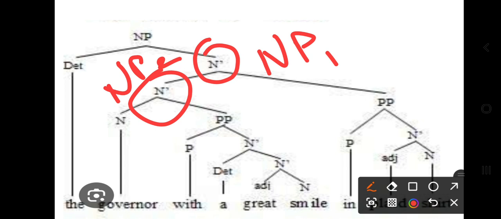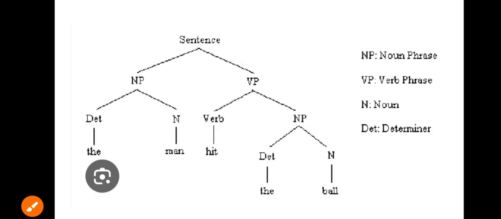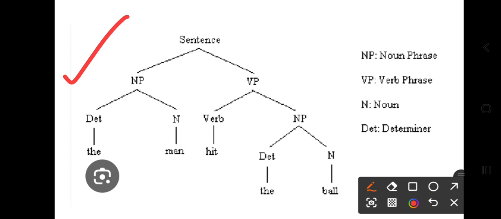This way also you can write, then 3, then 4, and then this is 1 and this 1, this way also you can write, right? Okay, then the man hit the ball. Here that's very good, I would recommend this, always explain this way, right?